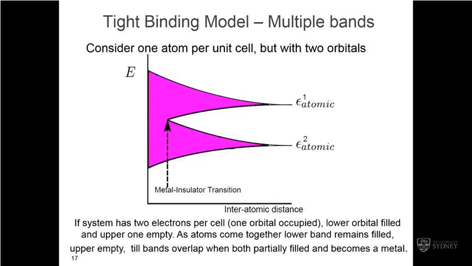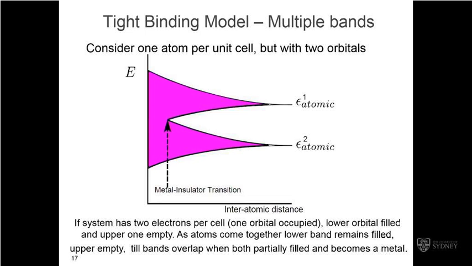For example, the equilibrium lattice constant might be here, and you've got a semiconductor. Say the bottom band might be completely filled and the top band might be completely empty, so it's a semiconductor. But if the atoms are made to move closer together, then as we saw, the bands become broader, and at this point it becomes a metal.